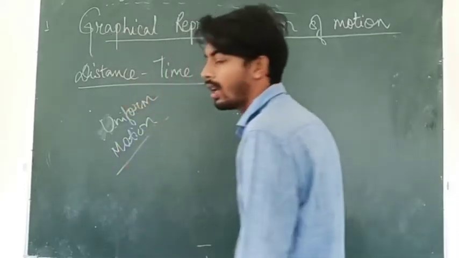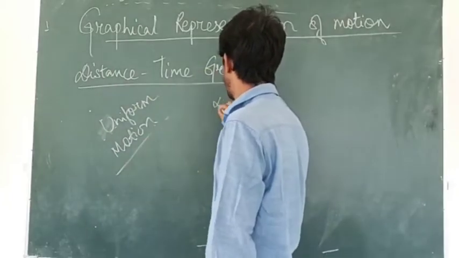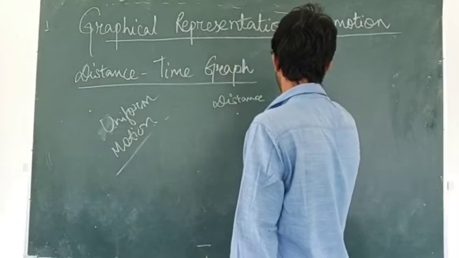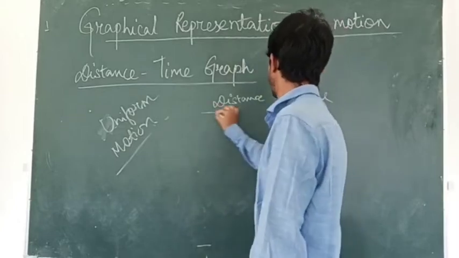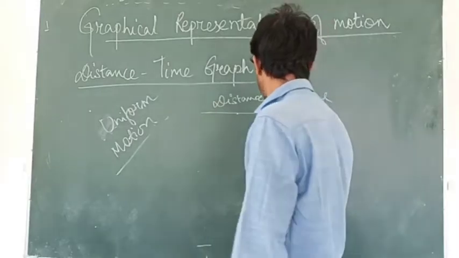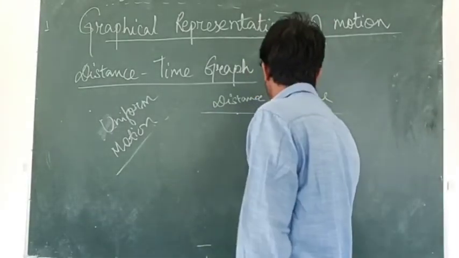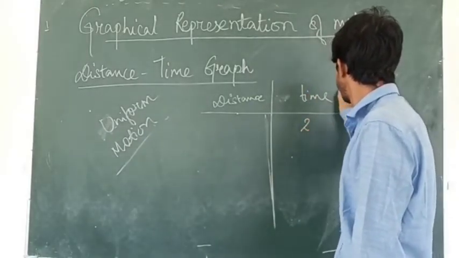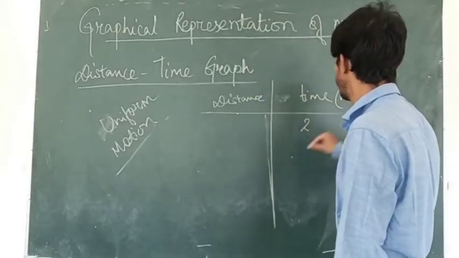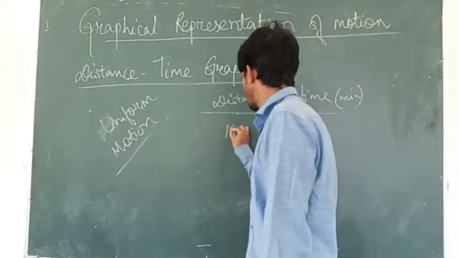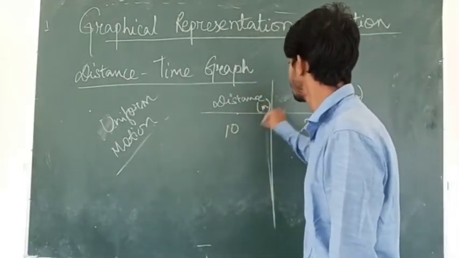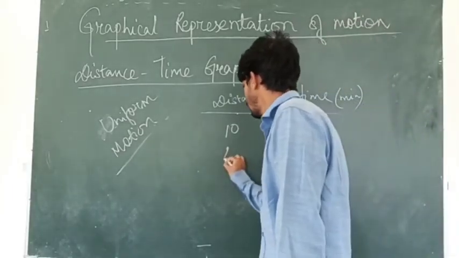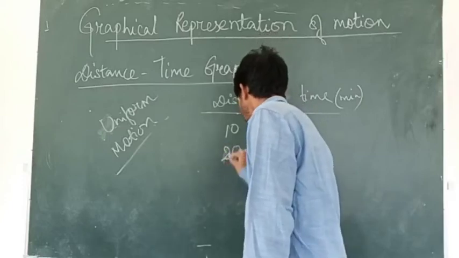For uniform motion, the best example you can take, if I make a graph, distance versus time. In this case, if for 2, I'm taking it as minutes, if for 2 minutes the distance goes 10, it should be meter, 10 meter, then in another 4 minutes the distance will go up to 20 meter.